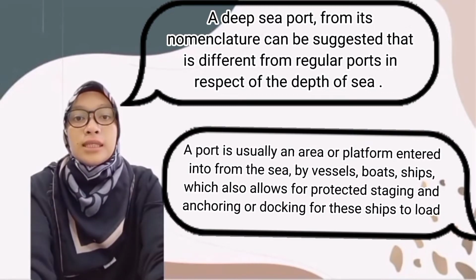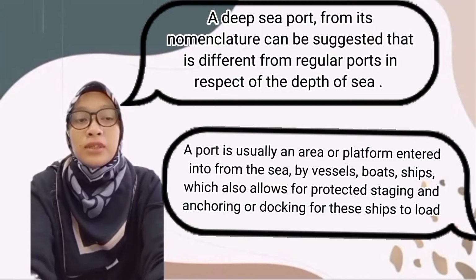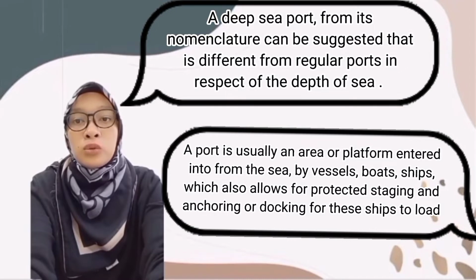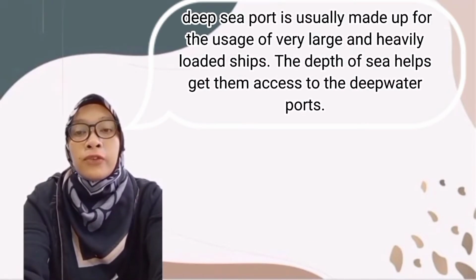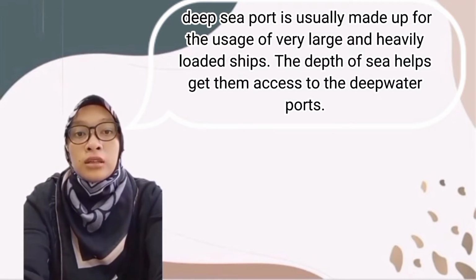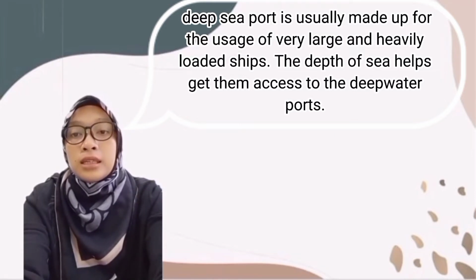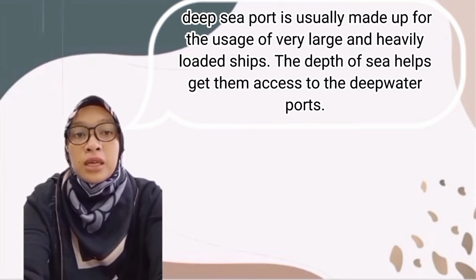A port is usually an area or platform entered into from the sea by vessel, boat or ship, which also allows for protected staging and anchoring or docking for these ships to load and unload consignment and continue out toward its destination. However, a deep sea port is usually made for the usage of very large and heavily loaded ships. The depth of the sea helps them access the deep water port.